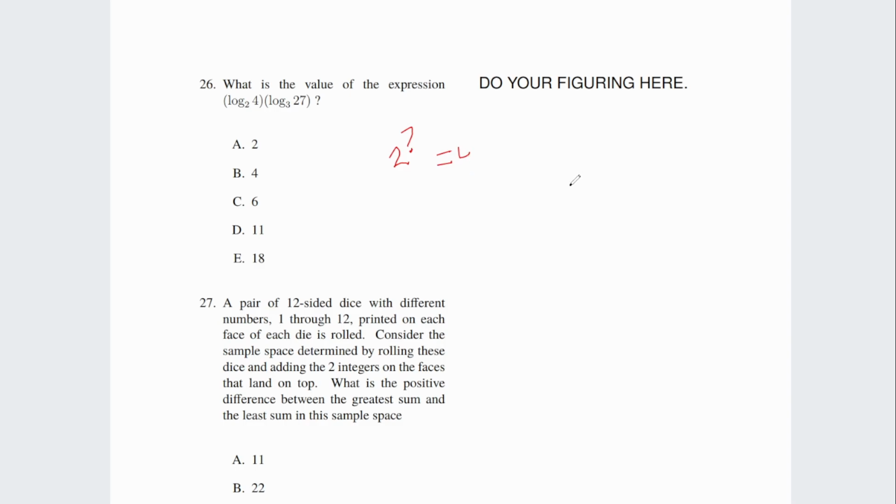Well, 2 to the 2 equals 4. So we have 2. And 3 to the what equals 27? Well, 3 cubed is 27. So 3 to the third power is 27, is the value of this logarithm. So this is just 2 times 3, which is 6.